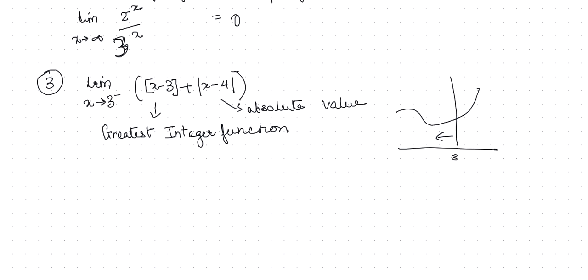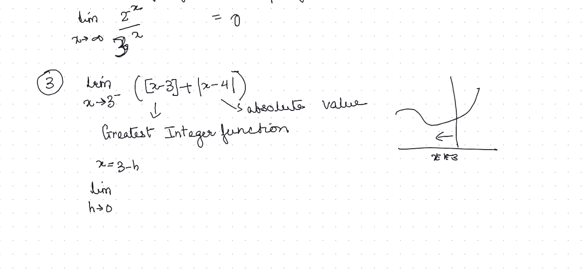So here x is here and h is a small distance away from 3, a small positive number. So we put x as 3 minus h, because it is a very small value less than 3. So now substituting h, and h tends to 0 because it is a very small value tending towards 0.